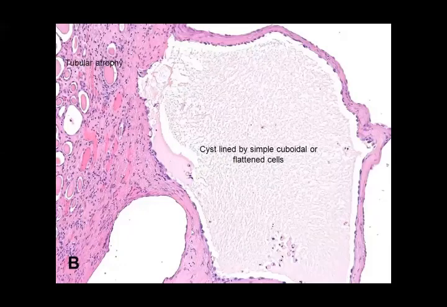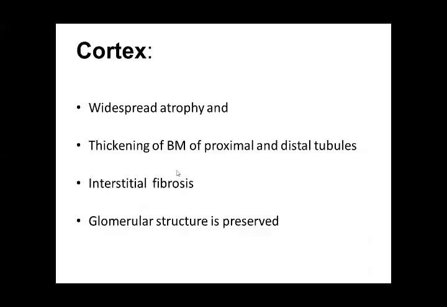So look at the compressed epithelium because it is a very large cyst, and you can see some normal cuboidal epithelium as well. Widespread atrophy is there, thickening of the basement membrane of proximal and distal tubules, interstitial fibrosis is there, and glomerular structure is preserved, right?